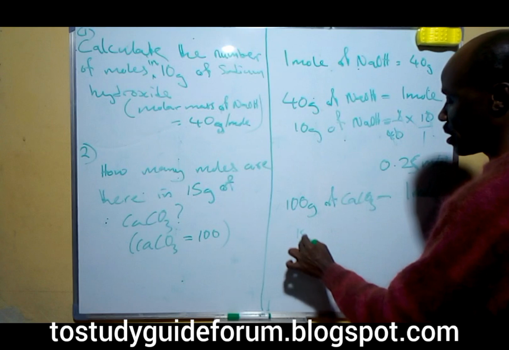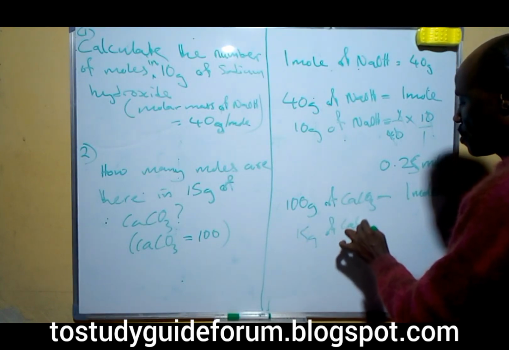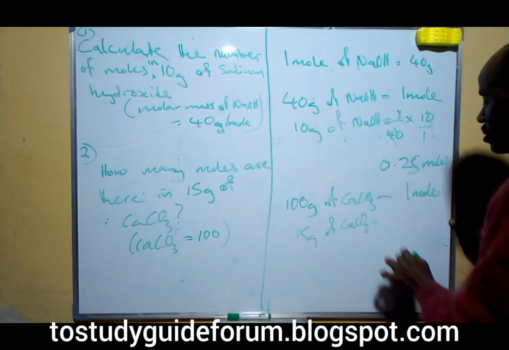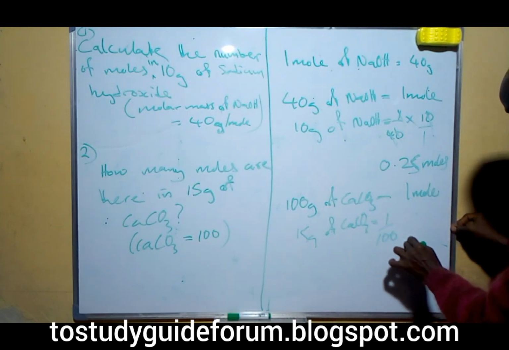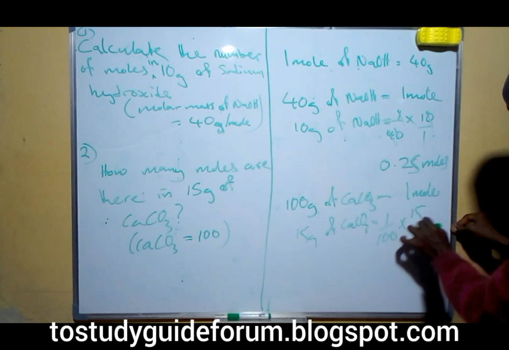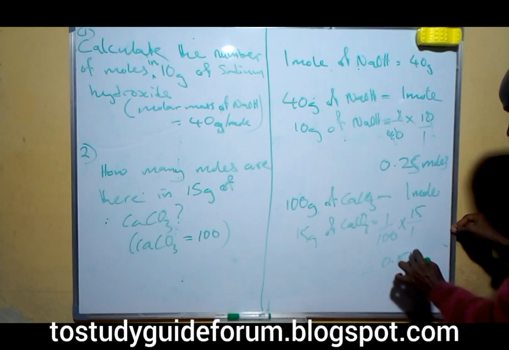So 15 grams of the same compound will then be 1/100 times 15/1. That will give us 0.15 moles.